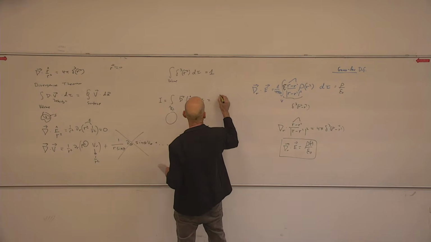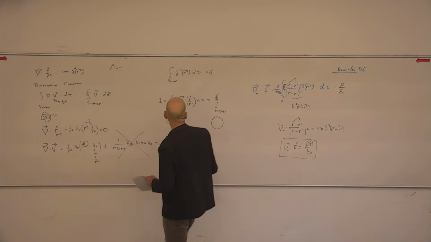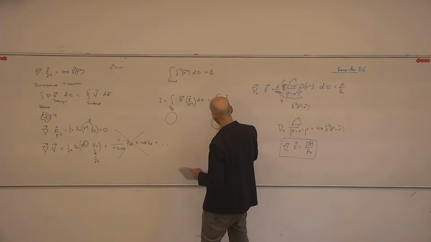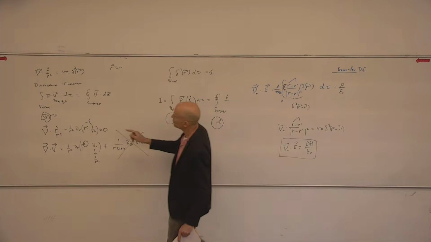Then this is equal to an integral over a surface. I'm integrating over the surface of the sphere, like here. And here I have r hat over r squared. This is my function. But now the point is, by integrating over the surface, I determine what this r is.